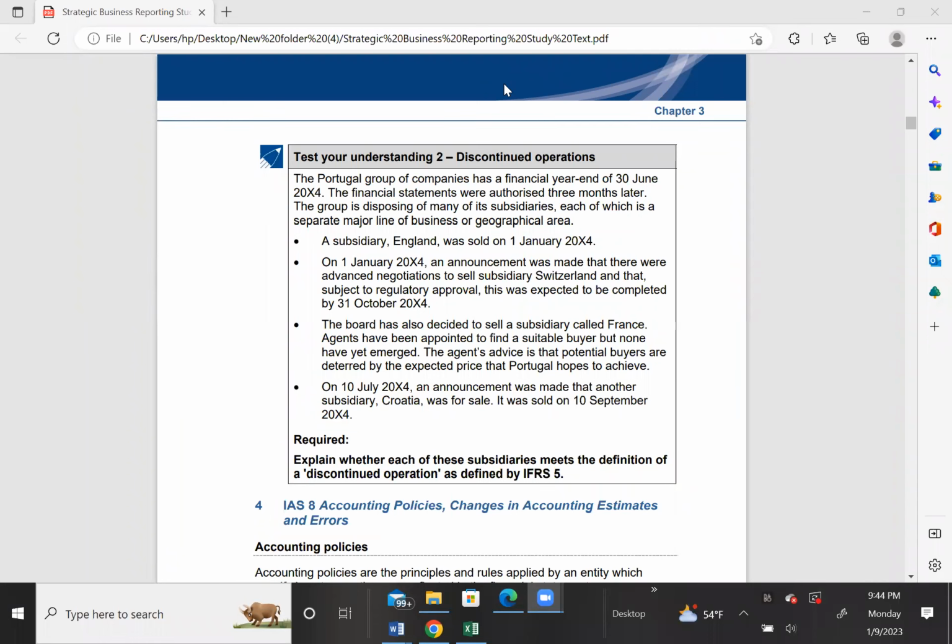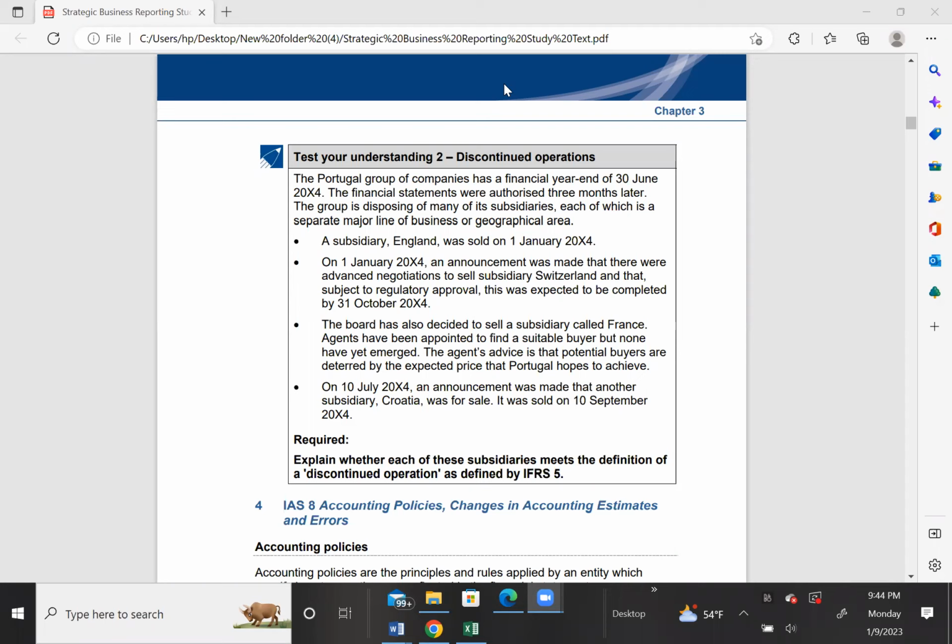Number three, the board has also decided to sell a subsidiary called France. Agents have been appointed to find a suitable buyer, but none have yet emerged. The agent's advice is that potential buyers are deterred by the expected price that Portugal hopes to achieve.